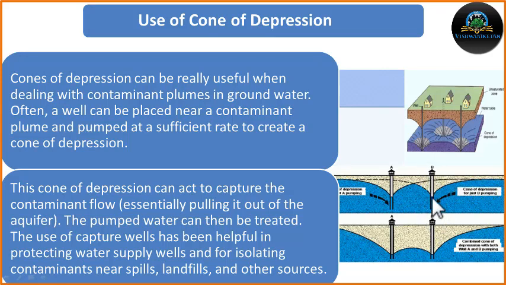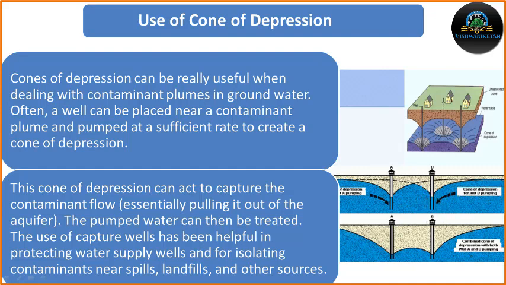Because when we withdraw the water from the well, a low pressure area may be created in the immediate vicinity of the well. So the water which is near the river, or the amount of water which is saturated under the river, may seep down, or it will percolate towards the well.